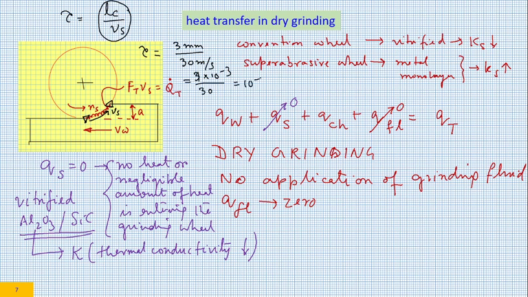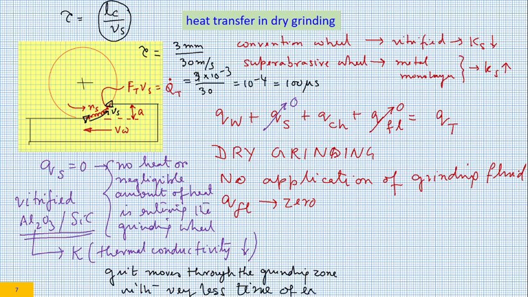So it is 10 to the power minus 4, around 100 microsecond. So the time required by the grit to move through the grinding zone is very less, with very less time of exposure, and because of that heat cannot enter the grit so readily.